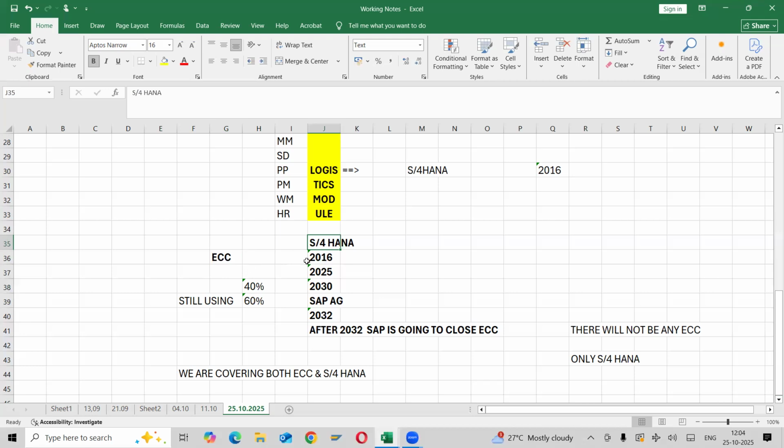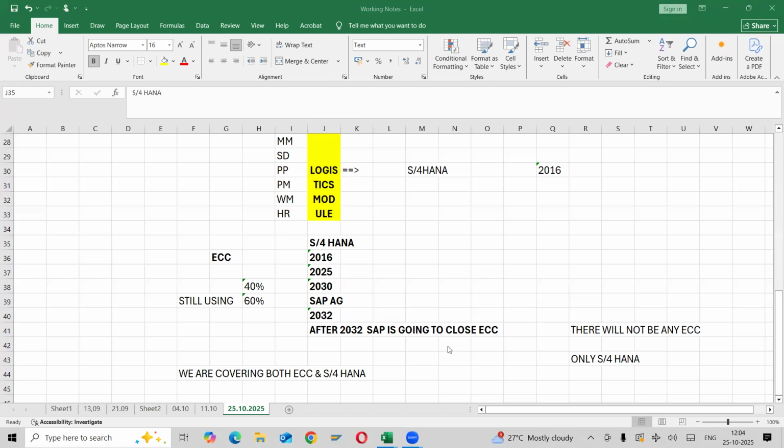Yes, there are a lot of changes between ECC and S4 HANA. In a few modules like asset accounting and GL, a few features are different. So that is the reason we need to focus until 2032. Again, I'm telling you, we need to focus on both ECC as well as S4 HANA. That is the reason we are trying to cover both in our course.